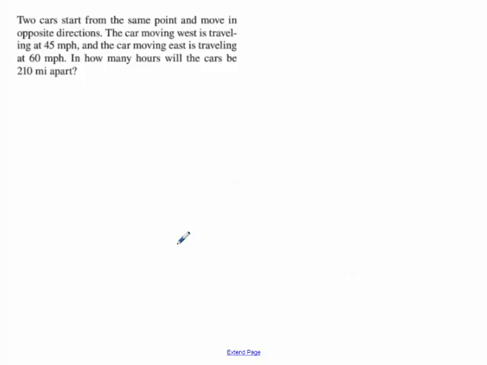Let's see, two cars start from the same point, move in opposite directions. I'm going to do this here, blue. Car moving west is traveling at 45 miles per hour. So here's my north, here's my south, there's my east, there's my west.